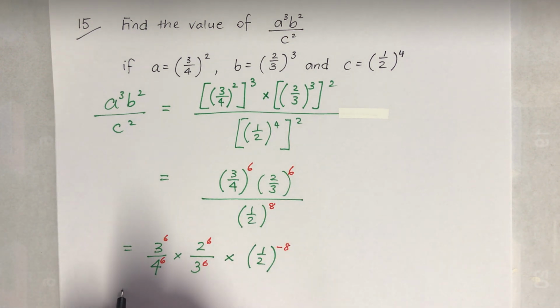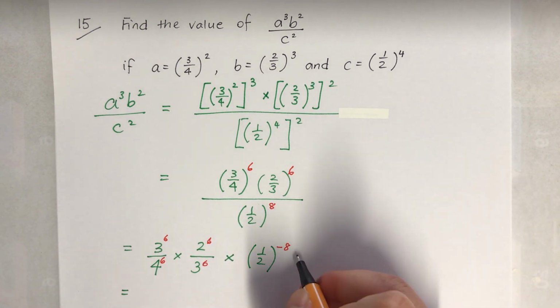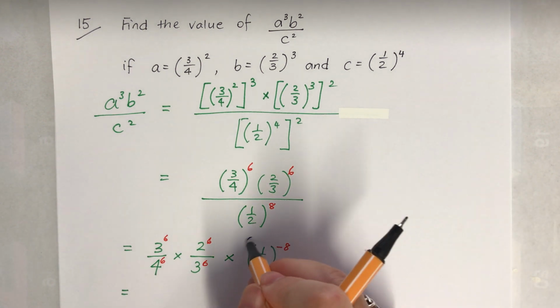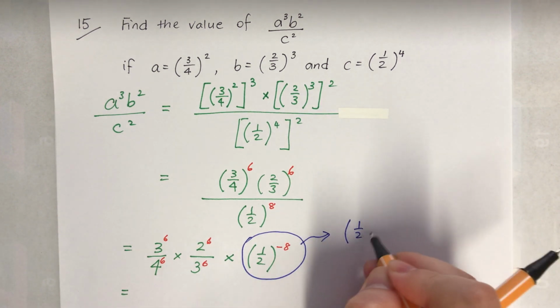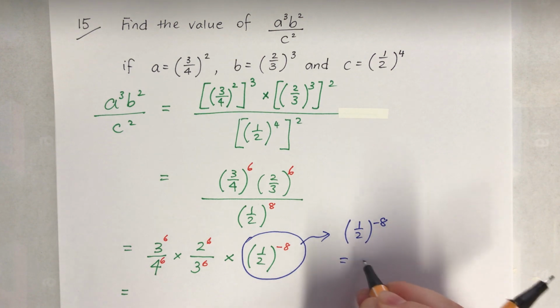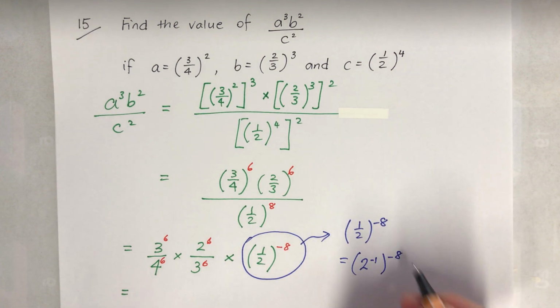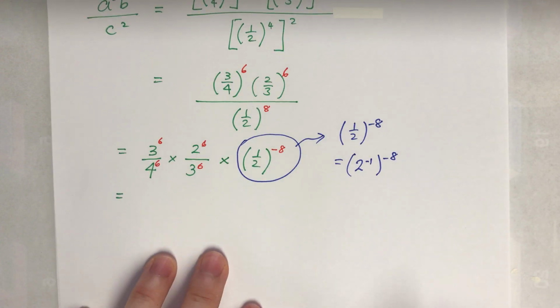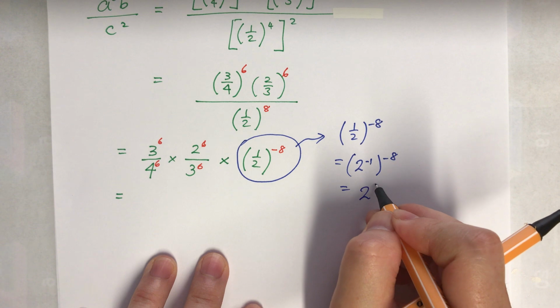So I'm going to sort this out. Now, I can rewrite like that, isn't it? Yeah? I can rewrite the half as this, and then times by together, what do I get?